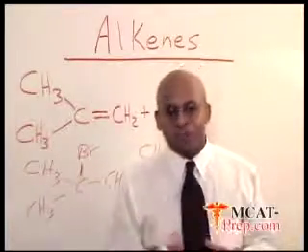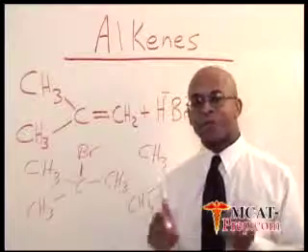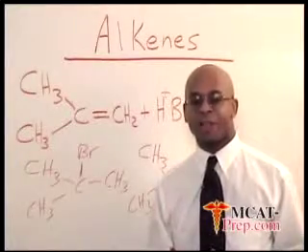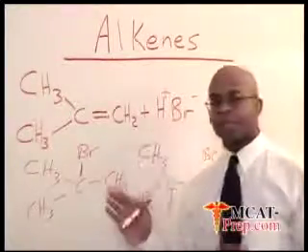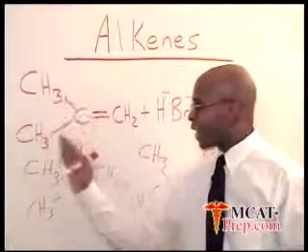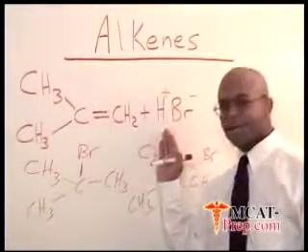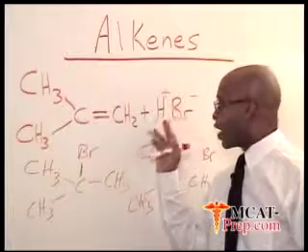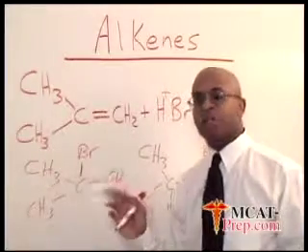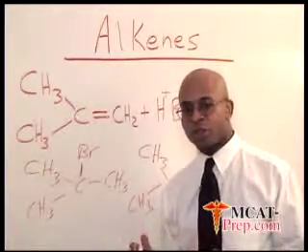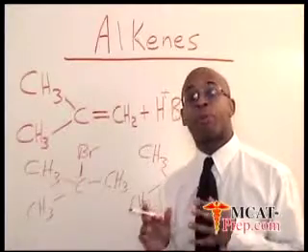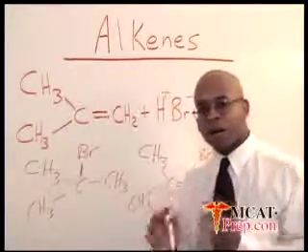Now, Markovnikov himself defined a Markovnikov product as follows. It is a product that occurs when you have an alkene plus an acid. The hydrogen would add to the least substituted carbon preferentially. So that's Markovnikov's definition.